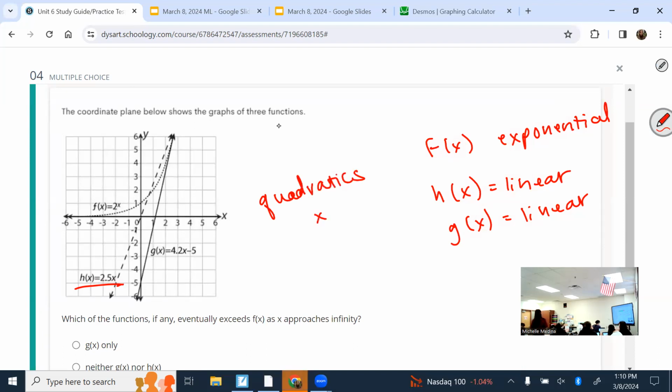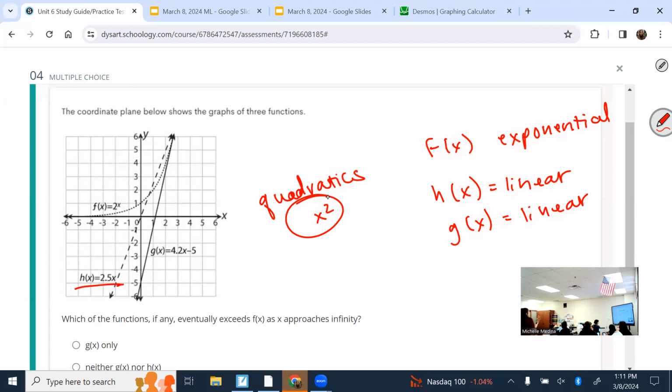Yeah, but if I'm looking at the equation, because the graphs can sometimes be hard to tell, what would I need in my equation for it to be a quadratic? It needs at a minimum an x squared. It can have other things like an x term or a constant, but it needs at least an x squared and nothing higher than that. Like not x cubed or something like that.